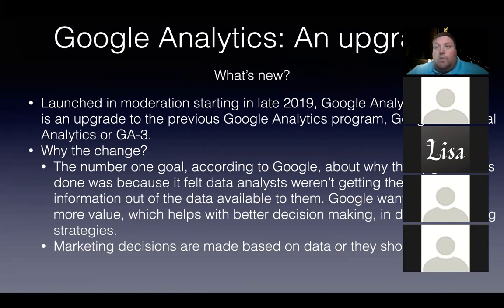The number one goal, according to Google, was that it felt data analysts weren't getting the best information available to them, and I will go over that in a little bit. So Google wants to provide more value, which helps with better decision-making and digital marketing strategies. And like I said before, marketing decisions should be made based on the data you're getting presented.